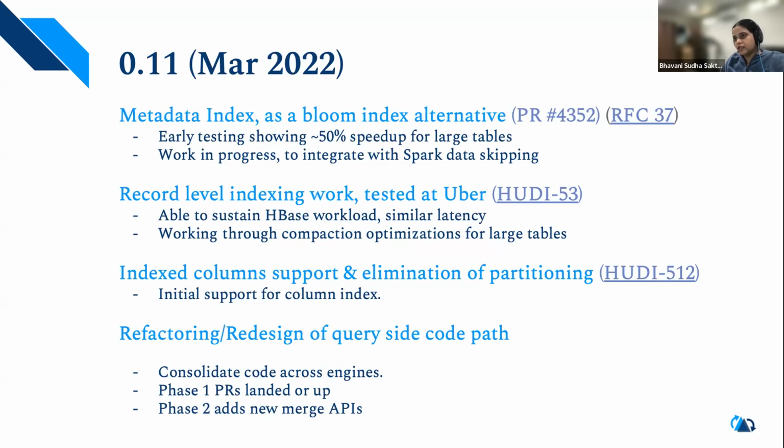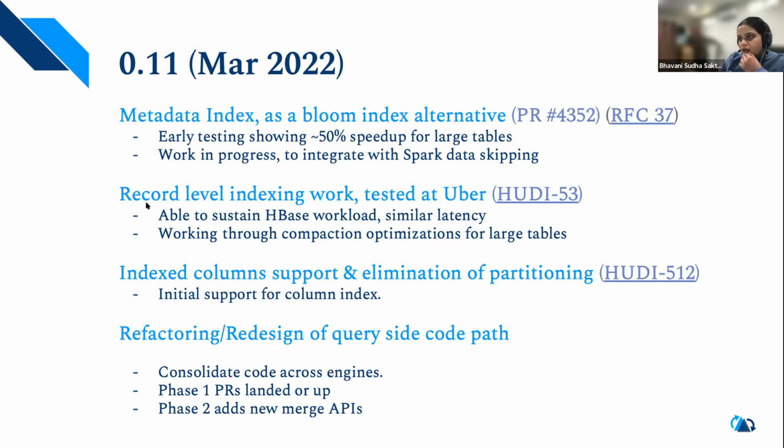So we wanted to address those use cases by leveraging a metadata index that can offer faster performance over the Bloom index, especially for use cases where there are a large number of upserts for larger tables.